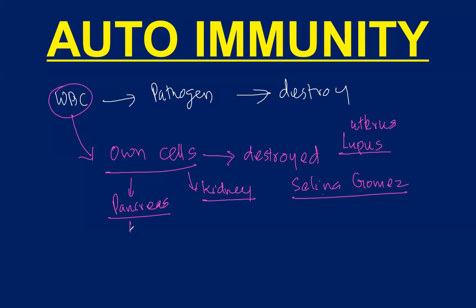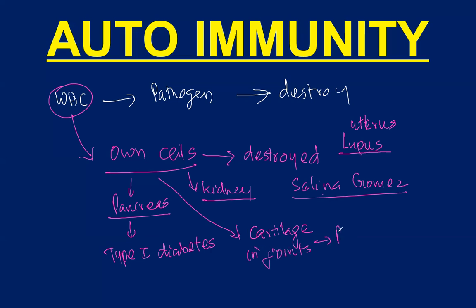And if the pancreas is attacked, people get type 1 diabetes, right? And in some people, the white blood cells destroy the cartilage in the joints. If cartilage in the joints is destroyed, you get rheumatoid. What is it? Rheumatoid arthritis.